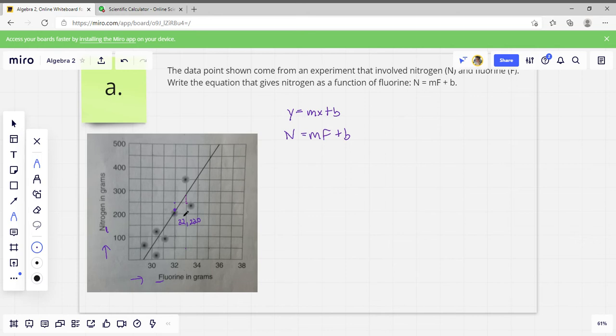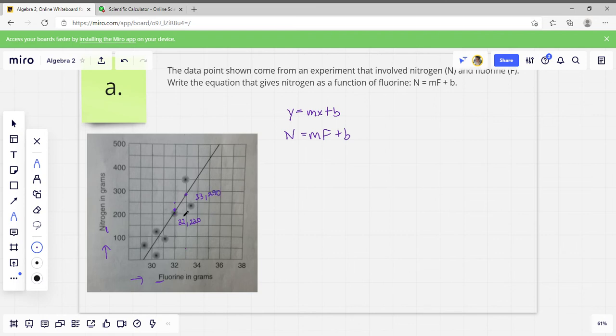All right, and then let's say that it crossed right here. Actually, this one's a little closer, so let's go with right there. So that would be 33. And then this would be, let's say 250, probably 290.